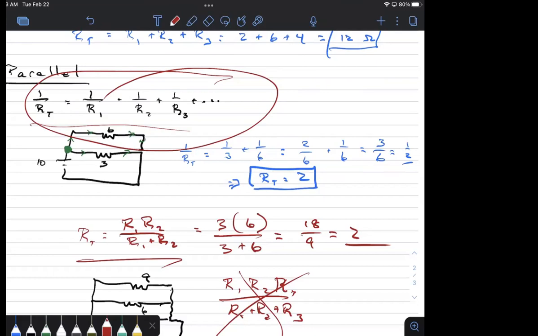You're just adding fractions, and especially if you have a calculator, big deal. But I also wanted to show it to you in case you see it somewhere and you're like, what the heck is this? This is not the equation he showed us. Well, that's because I showed you the actual equation, not the shortcut. All right, so any questions about that?